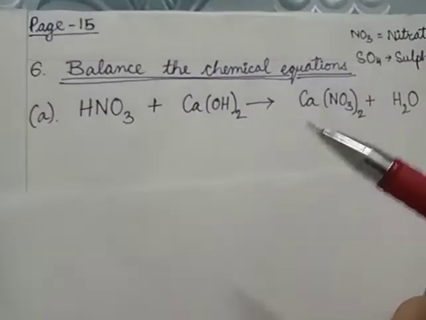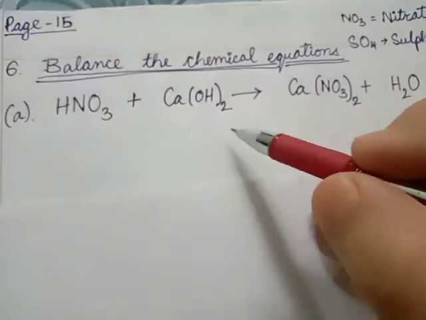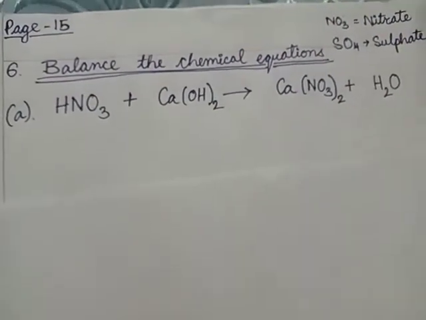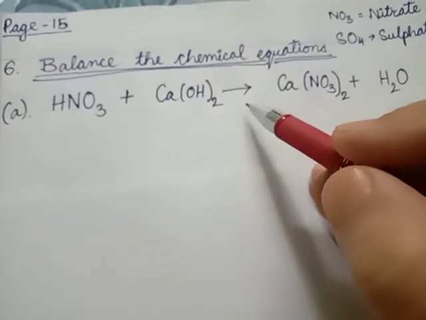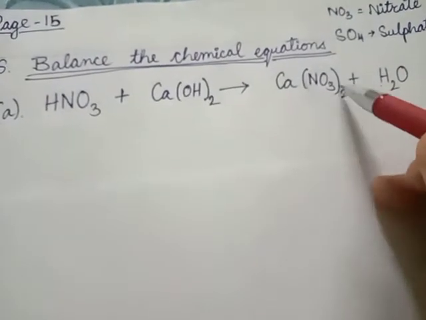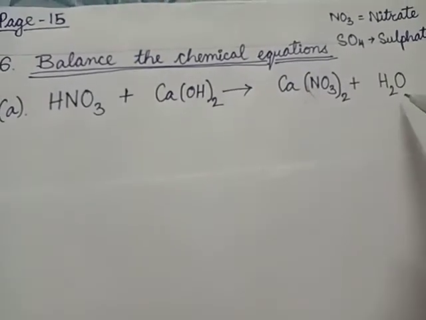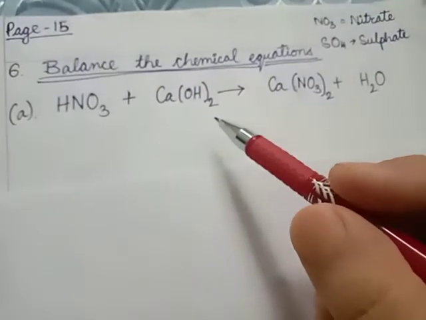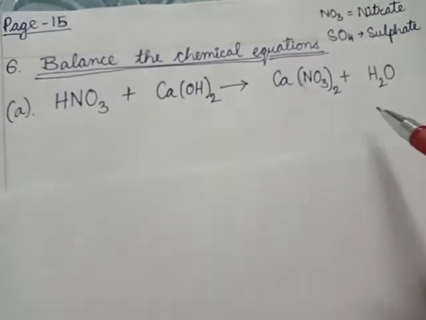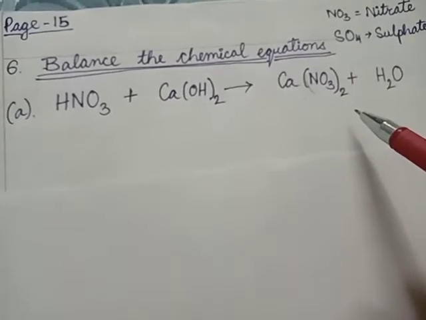So the first equation is HNO3 plus Ca(OH)2. This arrowhead is always read as produces Ca(NO3)2, that is calcium nitrate, plus H2O, which means water. So nitric acid plus calcium hydroxide produces calcium nitrate plus water. So how to balance a chemical equation?